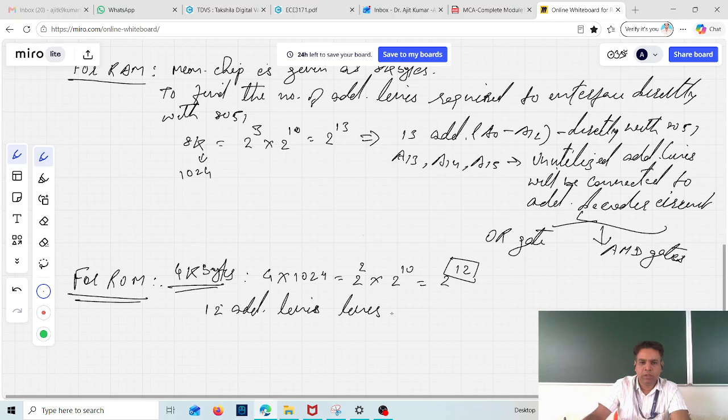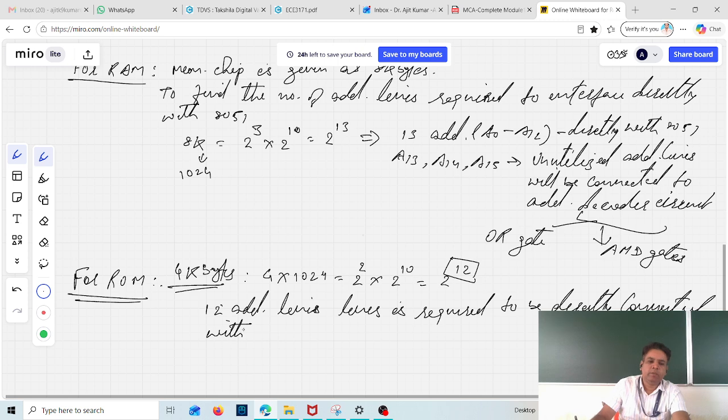12 address lines are required to be directly connected with 8051. When I say directly connected, there will still be a latch which is going to demultiplex the address and data bus.